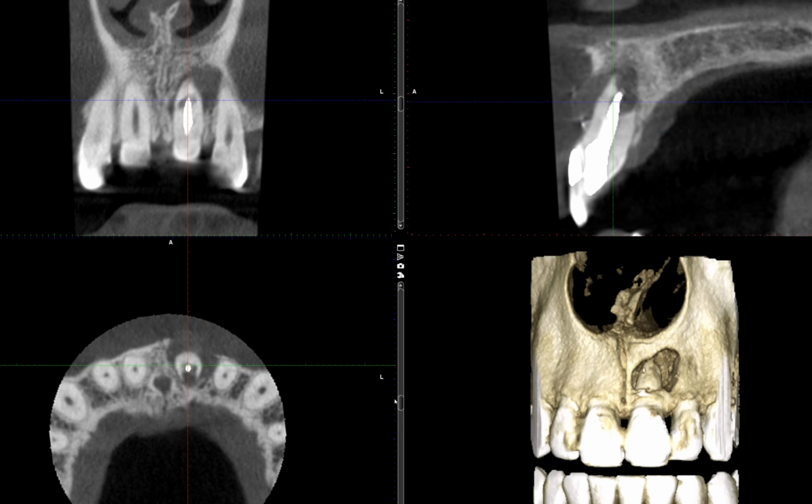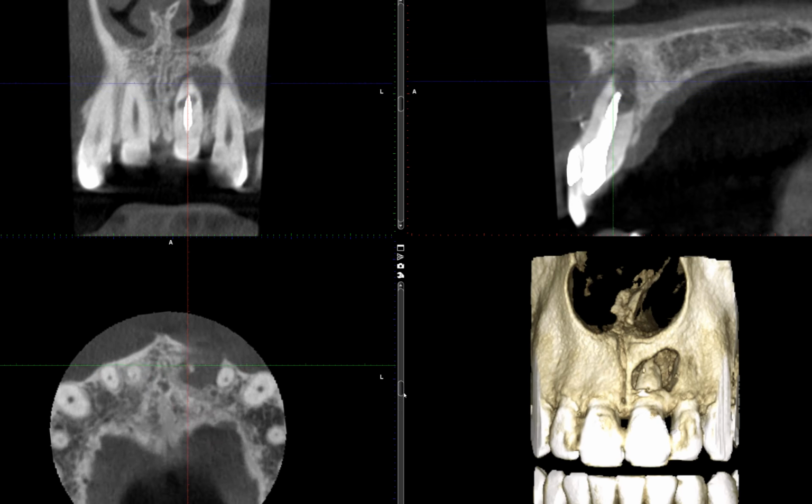And here it's rather evident, as we'll see in other planes as well, there's a large radiolucency causing disruption of the adjacent buccal cortex, and look at the amount of resorption that has occurred, which clearly extends from the root surface of that tooth to the endodontic material, most likely gutta percha in this case.